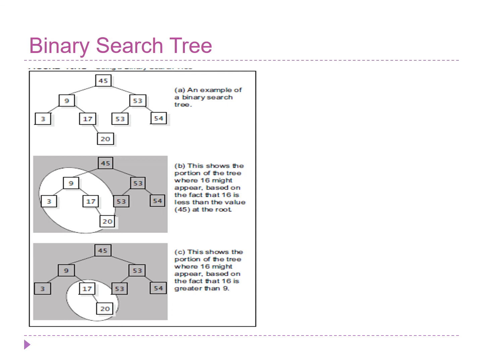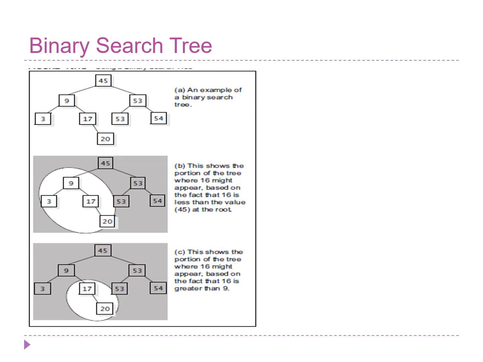You can notice that the left subtree values are less than the value at the root node, and the right subtree values are greater than the root node. In figure B, a subtree is highlighted.